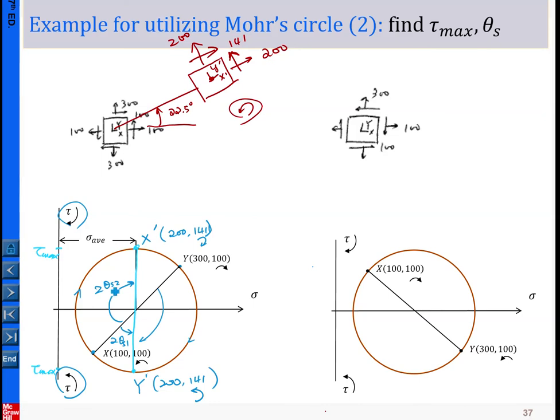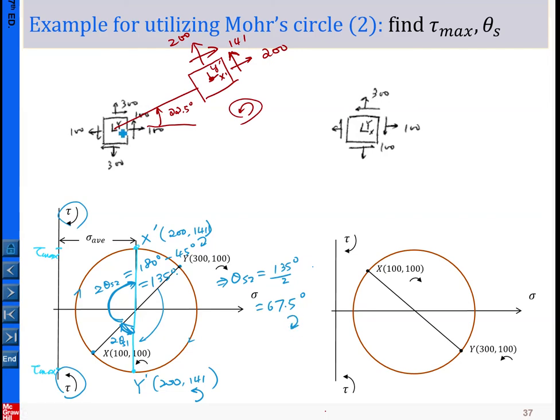So now 2 theta s2, earlier we calculated this is 45 degrees, so therefore 2 theta s2 will be equal to 180 degrees minus 45 degrees, because this angle is 45 degrees as we determined earlier, so that is 135 degrees. Therefore theta s2 equals 135 degrees divided by 2, equal to 67.5 degrees, and the sense is this.